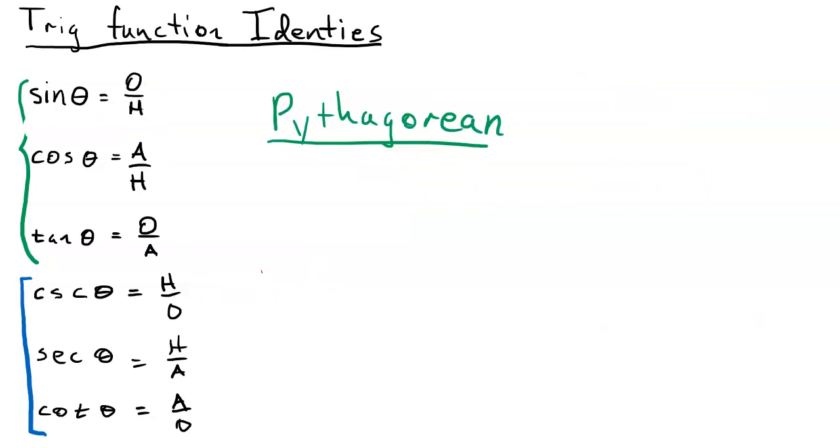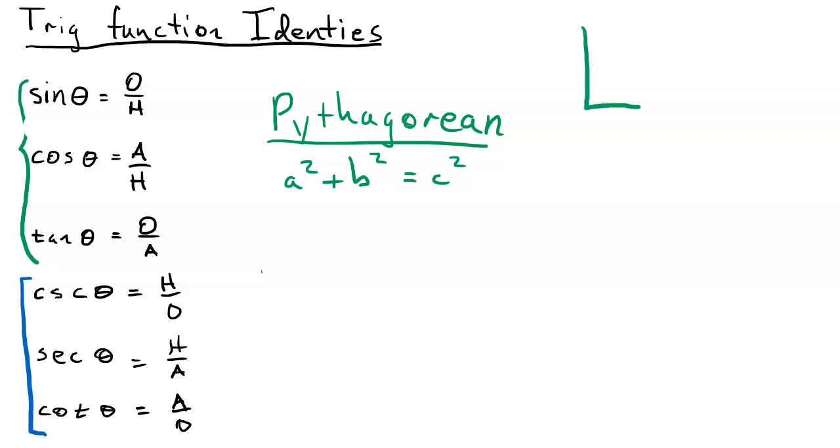Okay, so the next set of identities we can talk about is the Pythagorean identities. I just want to go through the derivation super quickly to remind you guys how we got these. If we write a squared plus b squared is equal to c squared, I know you recognize this as the Pythagorean theorem.